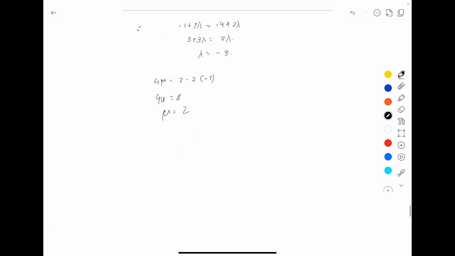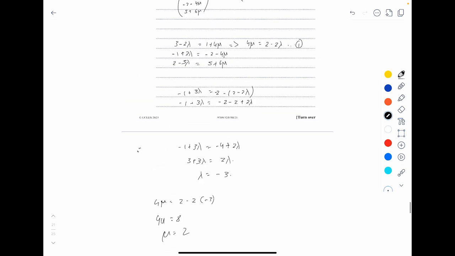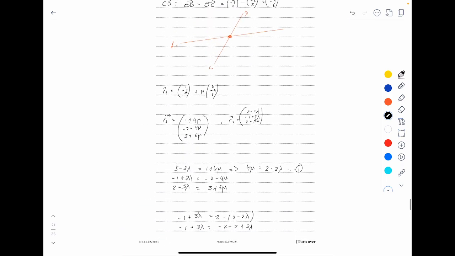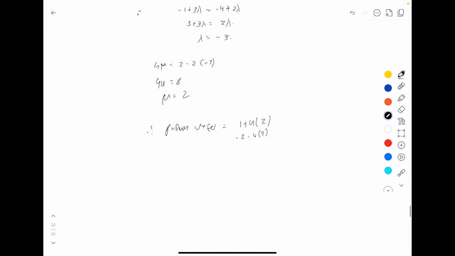Alright, so therefore the position vector is going to equal 1 plus 4 times 2, negative 2 minus 4 times 2, and 5 plus 6 times 2. Okay, (9, -10, 17).